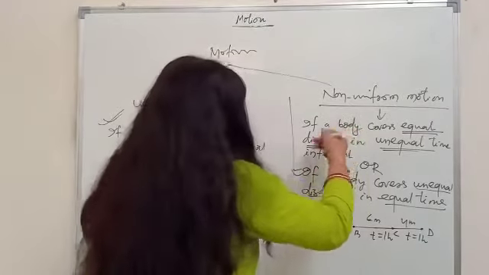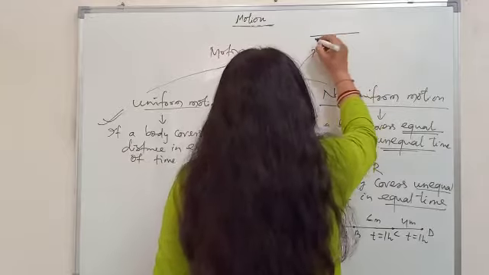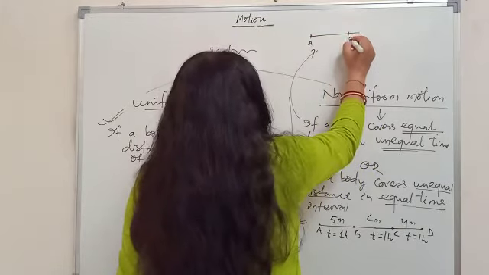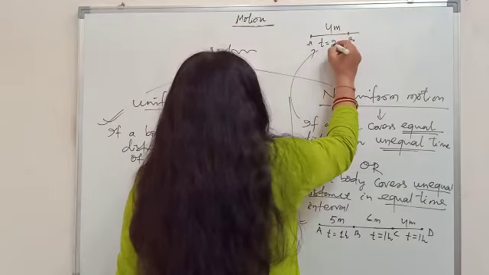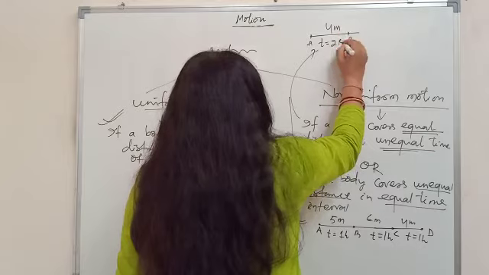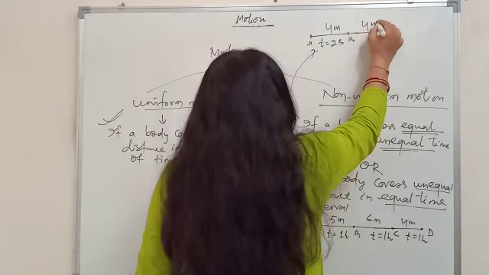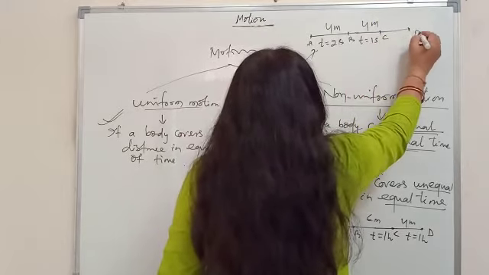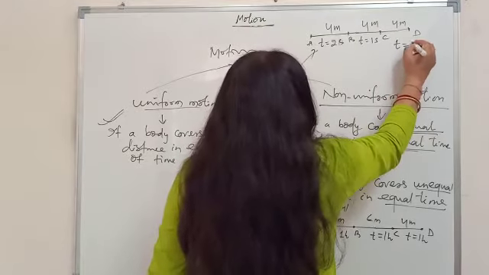Or, like the first definition, suppose the body starts from the point A and goes to the point B, covering 4 meters, and the time gap is, suppose, 2 seconds. Then B to C covers the same 4 meters, but the time is 1 second. C to D, the distance covered is 4 meters, but the time gap is 3 seconds.